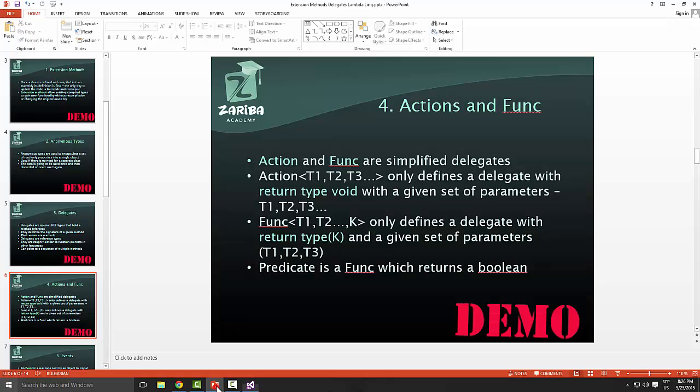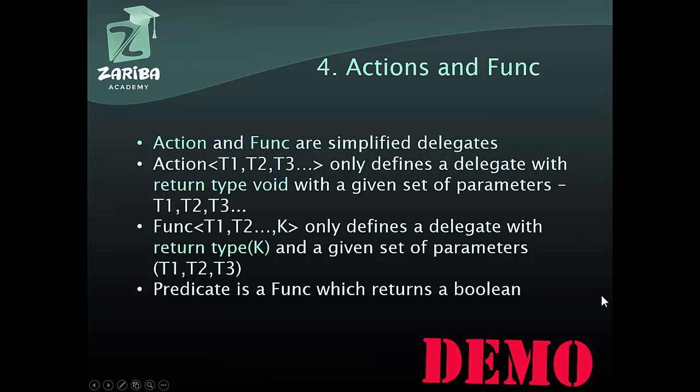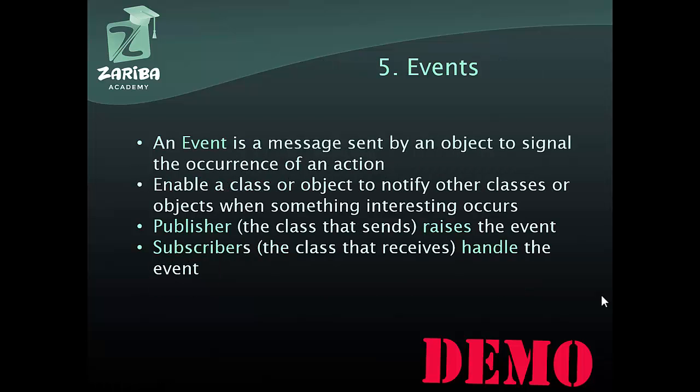Alright, let's keep going. So delegates are closely related to events. If you understood what I just wrote, with actions and delegates and funcs and so on, this one is a bit more complicated, but I'll try to explain it in the easiest possible way.